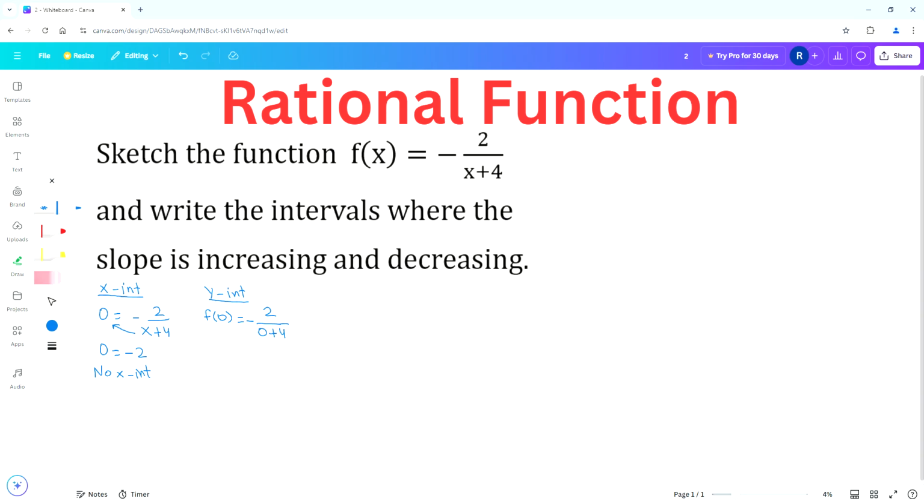We get negative 2 over 4. This fraction can be reduced to negative 1 over 2. So the y-intercept is negative 1 over 2. We can write it as an ordered pair as (0, -1/2).